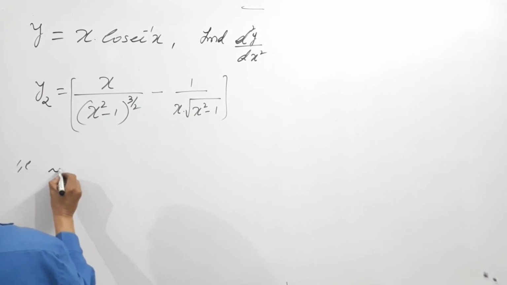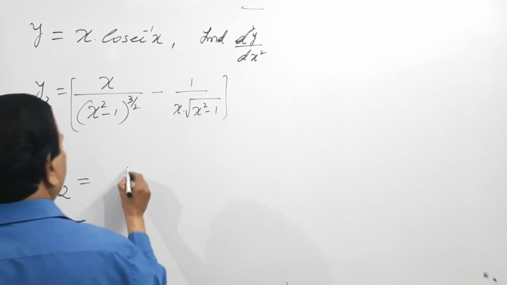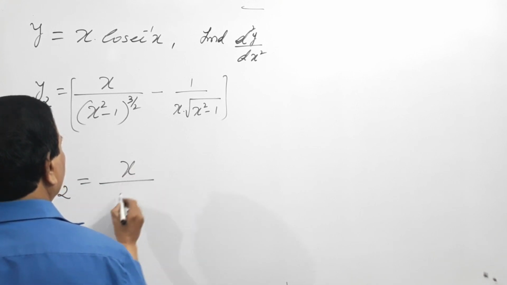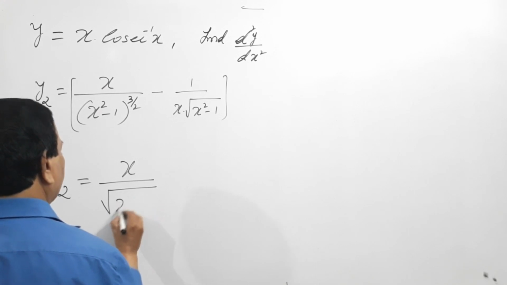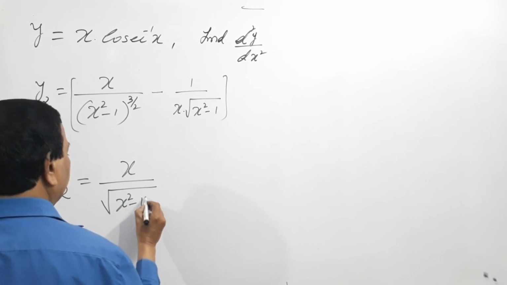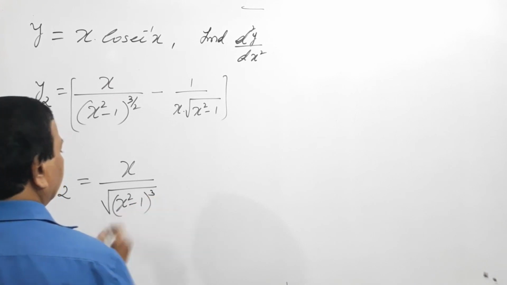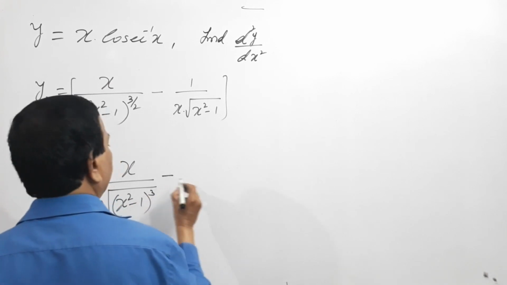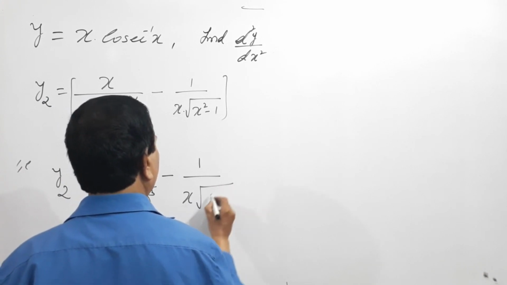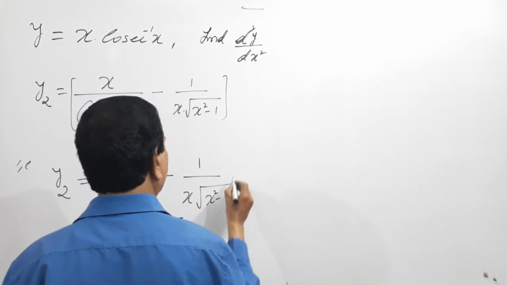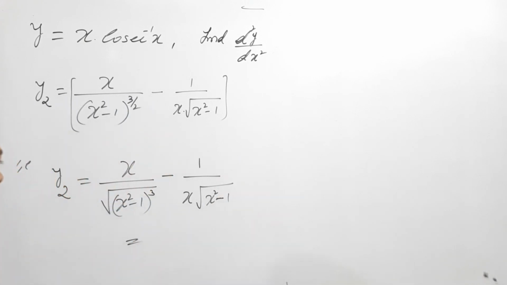That is y2 equals to x by square root of x square minus 1 whole to the power 3 minus 1 by x into under the root x square minus 1. This is the required answer.